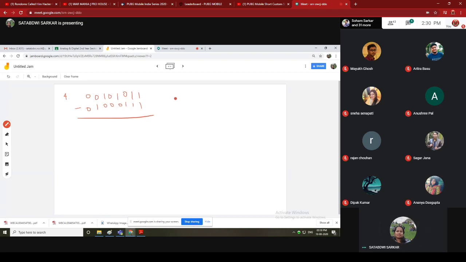So suppose we're putting the binary values. See here, 1, 2, 4, 8. This is 16.